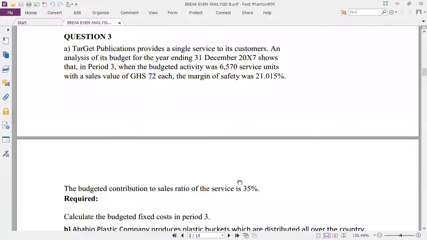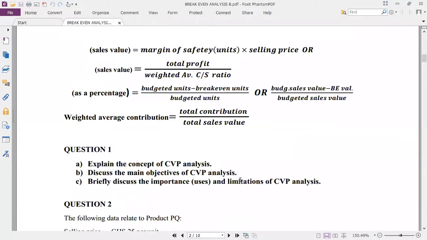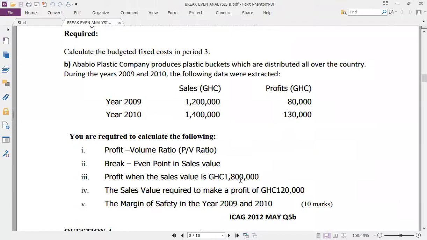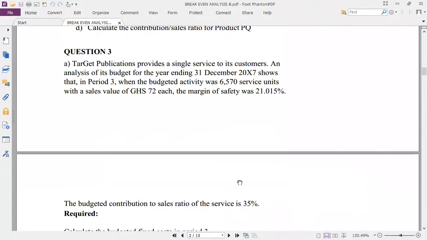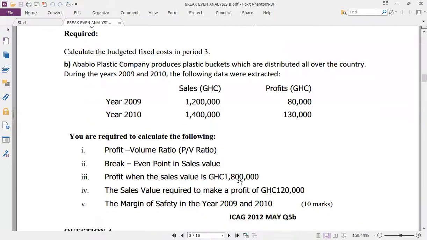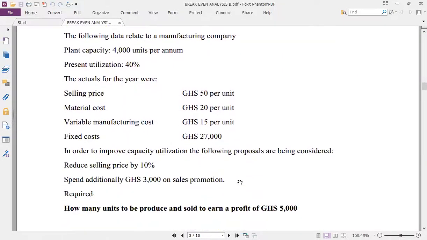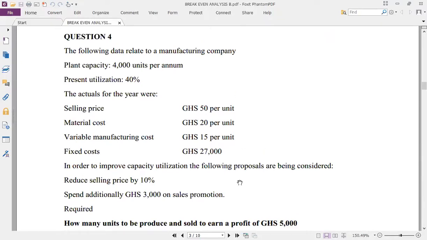Okay, so the next question now to solve is, let's move straight to question 4 before I come back to question 3B, that's the November or the May 2012 one. Okay, you are trying question 4. Question 4 is yours.